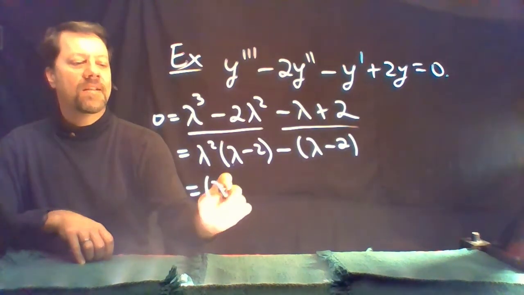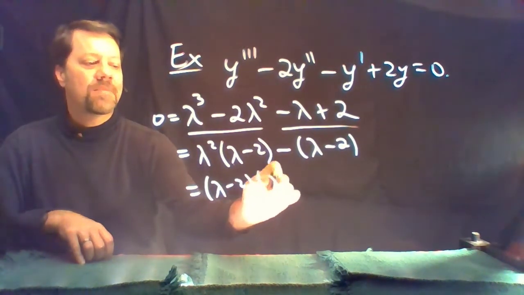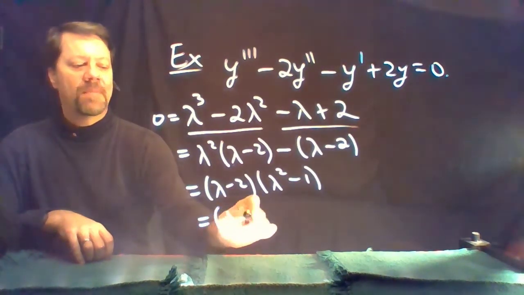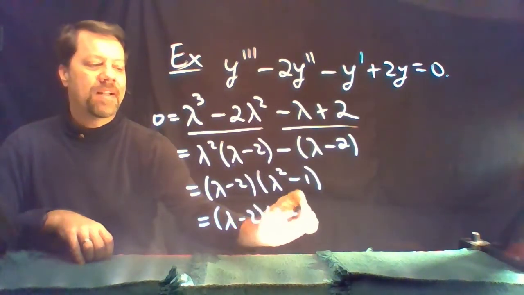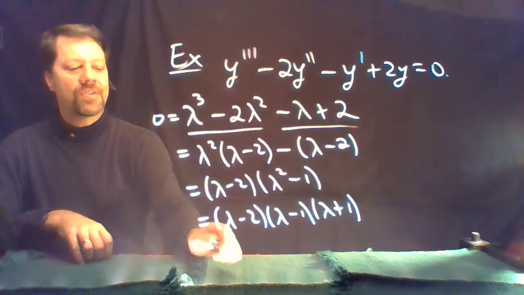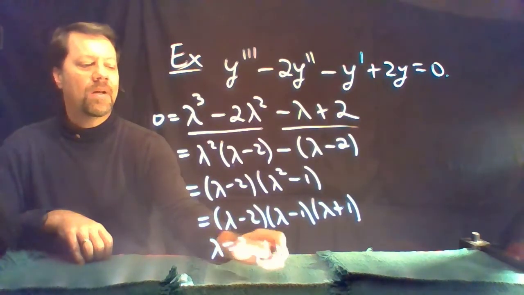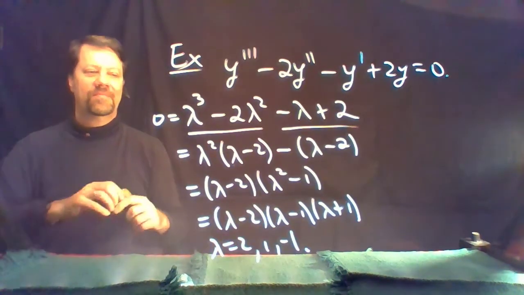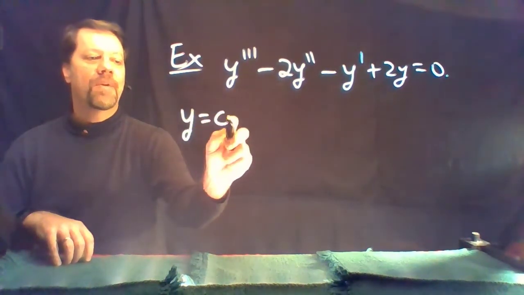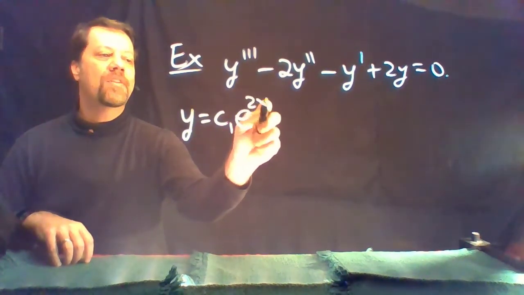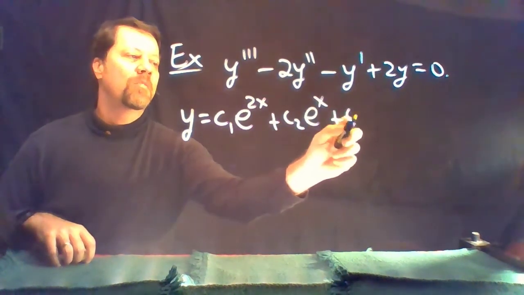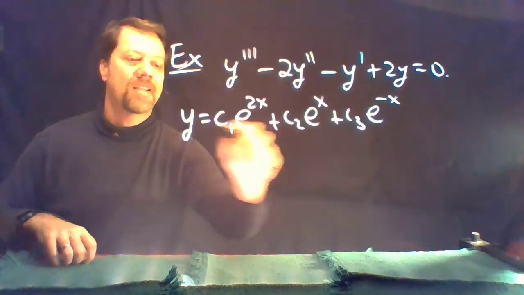This gives us lambda minus 2 times lambda squared minus 1, which finally factors as lambda minus 2, lambda minus 1, lambda plus 1. The solutions are lambda equals 2, 1, and minus 1. It follows then that the general solution to the differential equation is c1 e to the 2x plus c2 e to the x plus c3 e to the minus x.